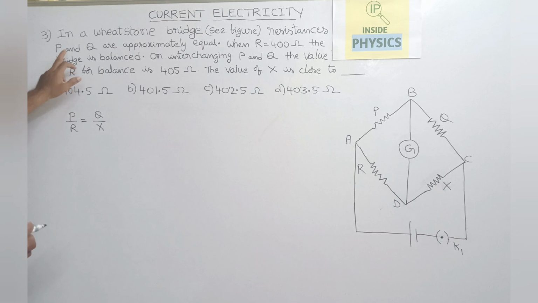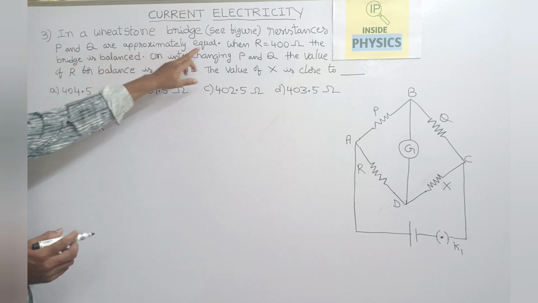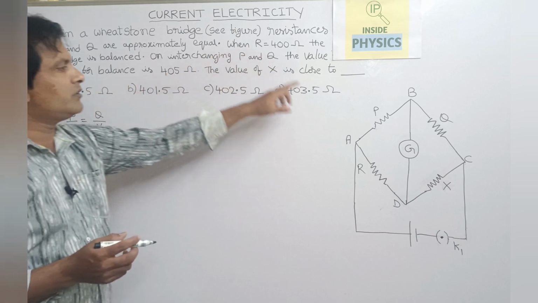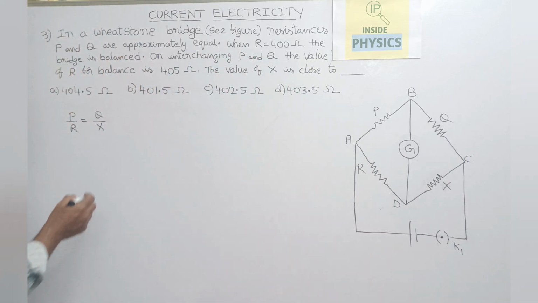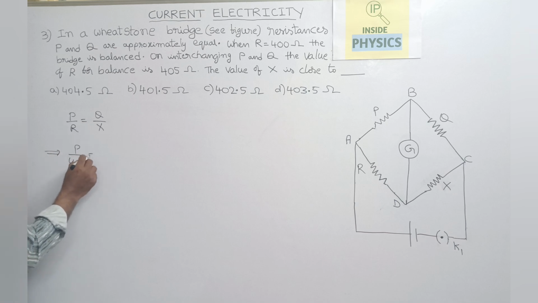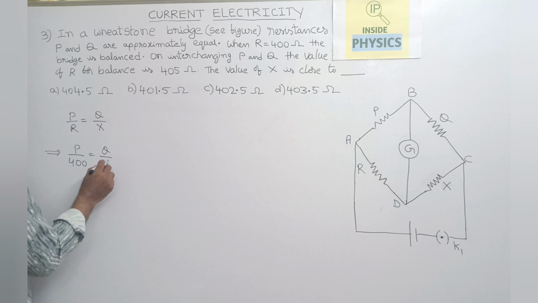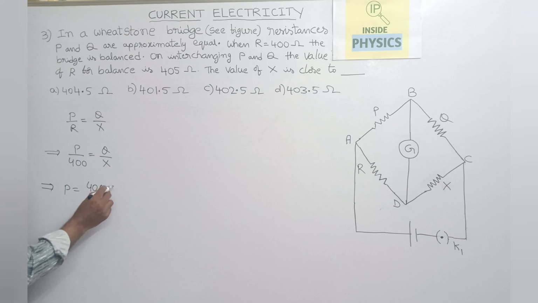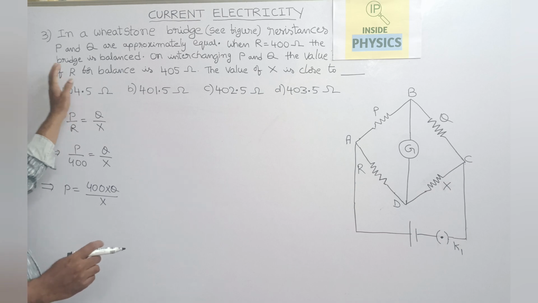Now here what is said, P and Q are approximately equal, then at balancing the R value is 400. So this implies we can write P by 400 is equal to Q by X. That implies P is equal to 400 into Q by X. In the second part, what is given?